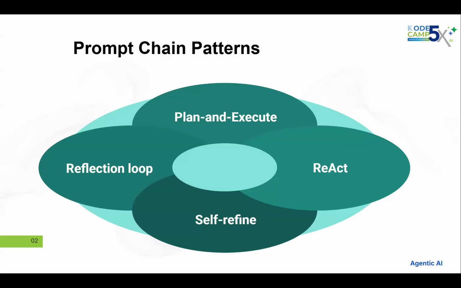Then for ReAct, which is actually short for reason and then act, it involves interleaving reasoning with tool calls. So it's suitable for tasks that involve retrieval or code execution.